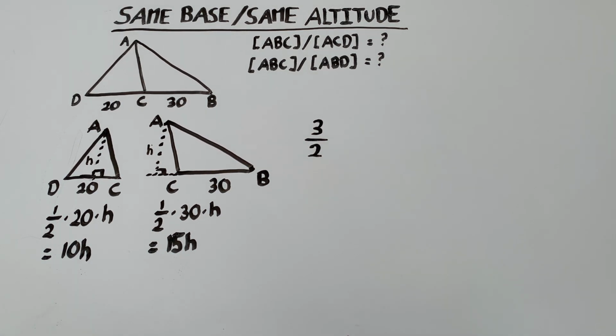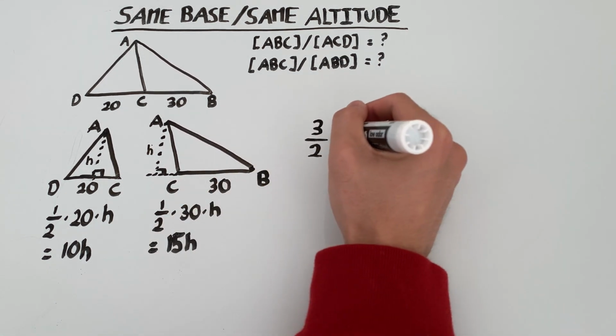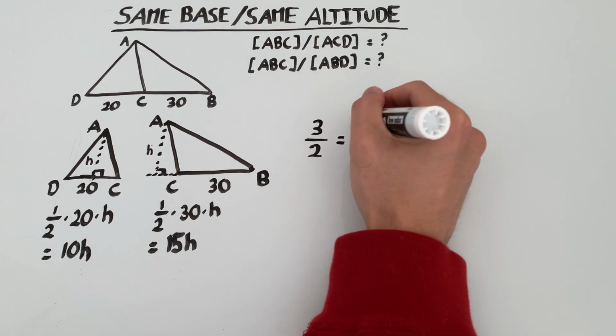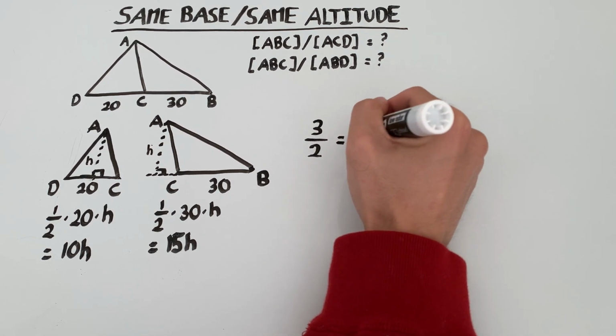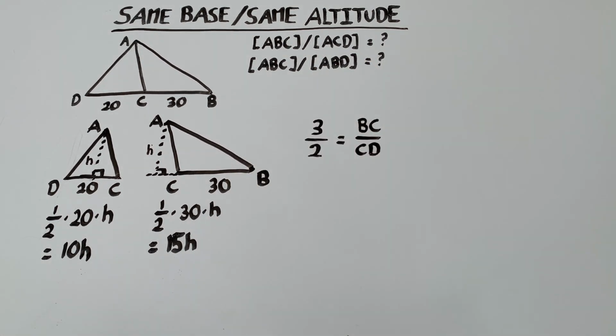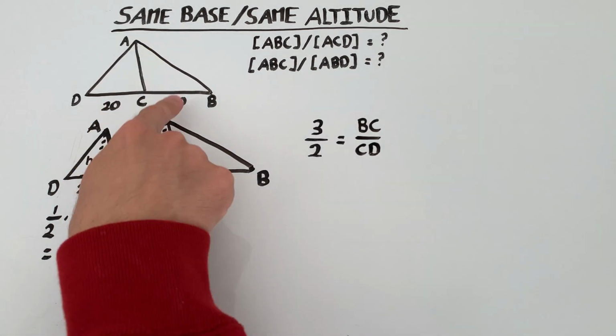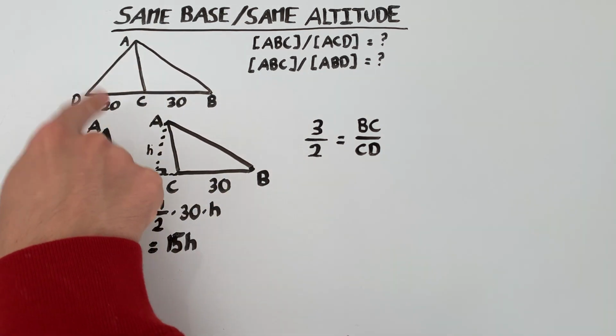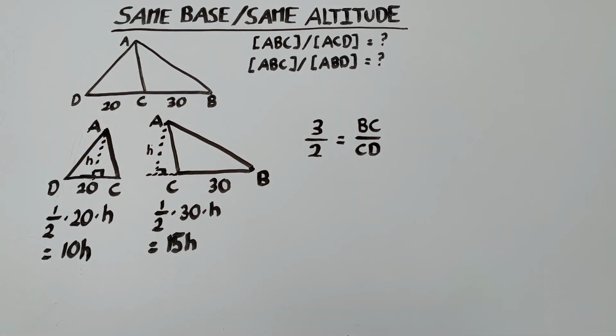Now this is very interesting because 3/2 also happens to be the exact same as BC over CD. BC is 30, CD is 20. 30/20 also happens to be 3/2.